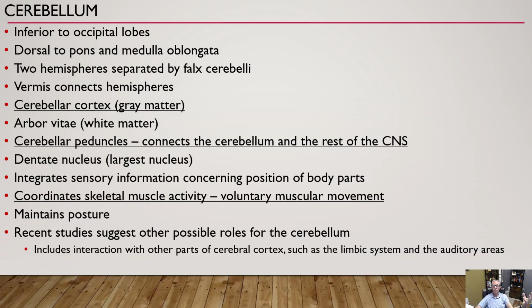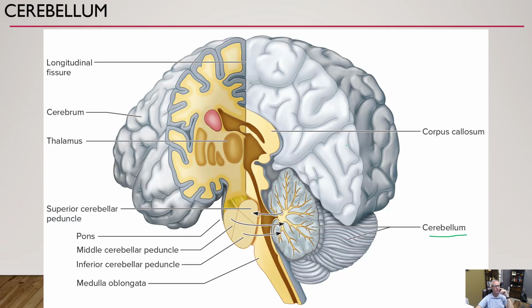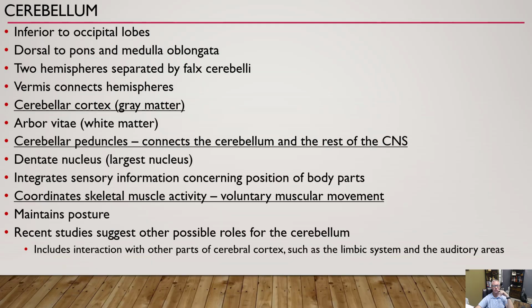We still have two hemispheres separated by that falx cerebelli. Remember, we had that falx cerebri. It's not pictured here, but we have that falx cerebelli, just like we had that falx cerebri. We have a vermis that connects both of those hemispheres.